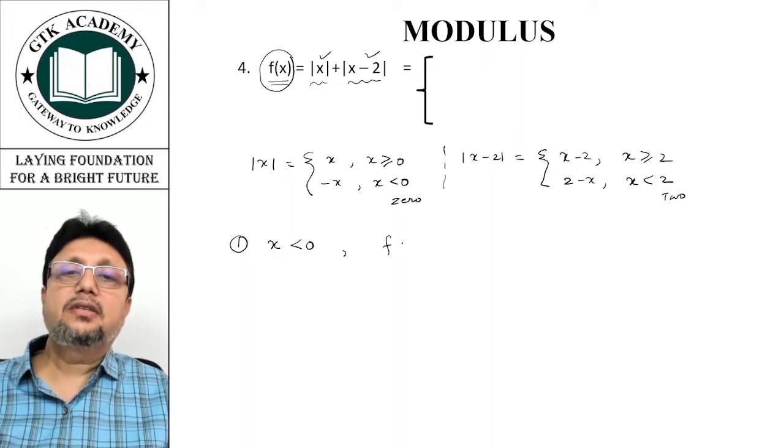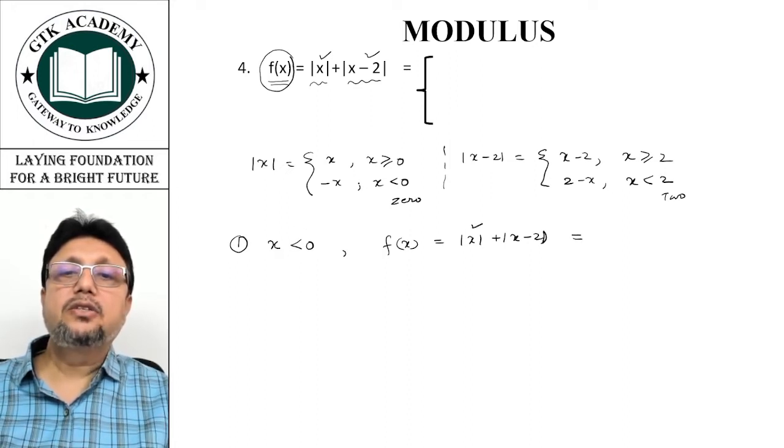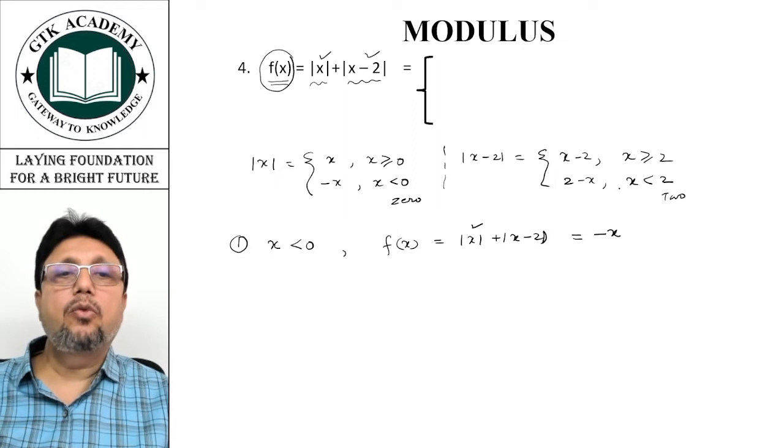Then f(x) is equal to mod x plus mod x minus 2, which is equal to, now when x is less than 0, mod x is minus x, and when x is less than 0, mod x minus 2 is 2 minus x, because when x is less than 0, definitely it will be less than 2. That means plus 2 minus x. That means 2 minus 2x.